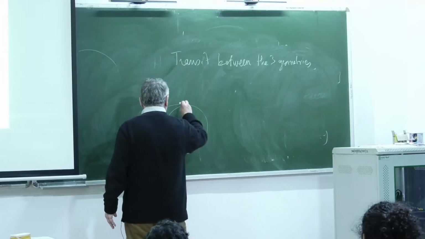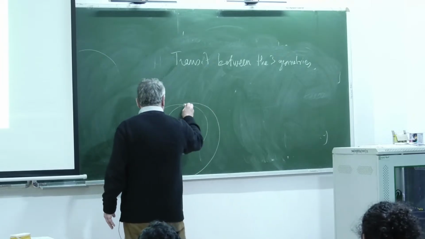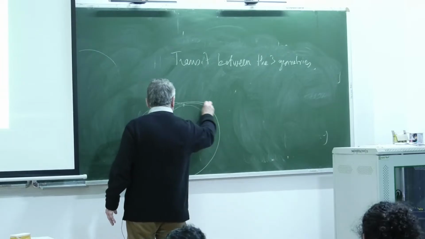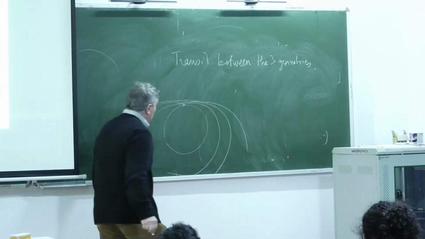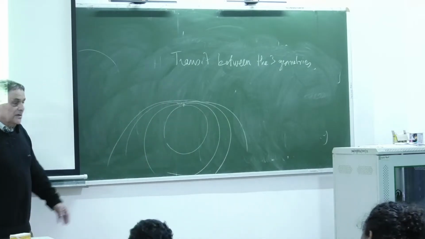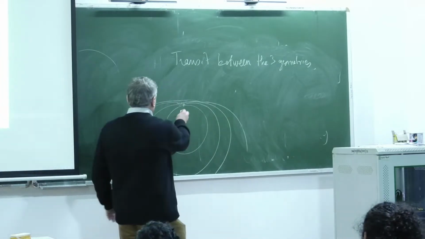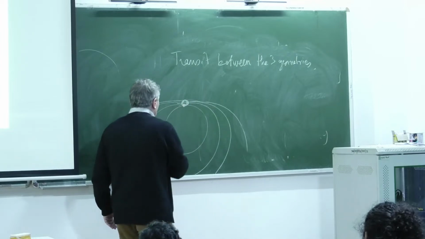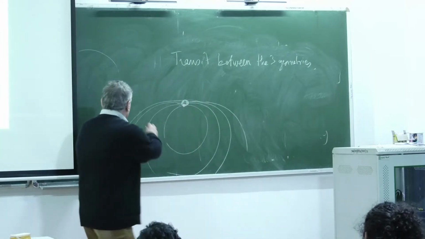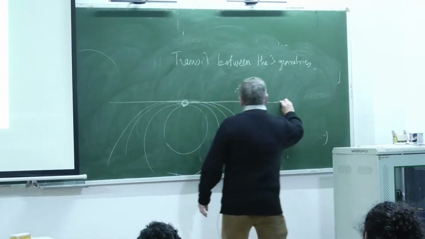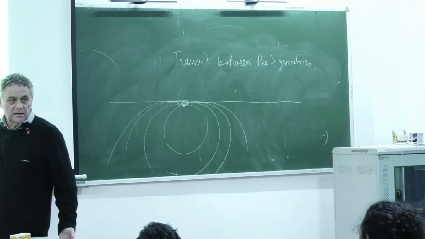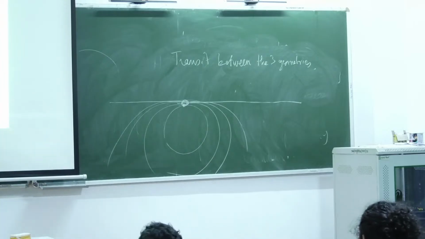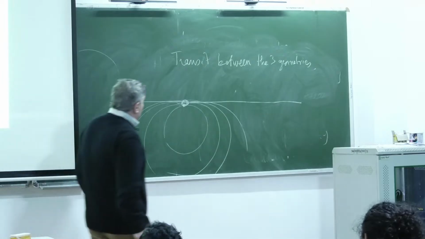You take a bigger sphere, then a bigger sphere, with a radius growing to infinity, and this point here. Visually, you will tell me that the limit is a plane, right? So this is what I mean by transit between the three geometries.